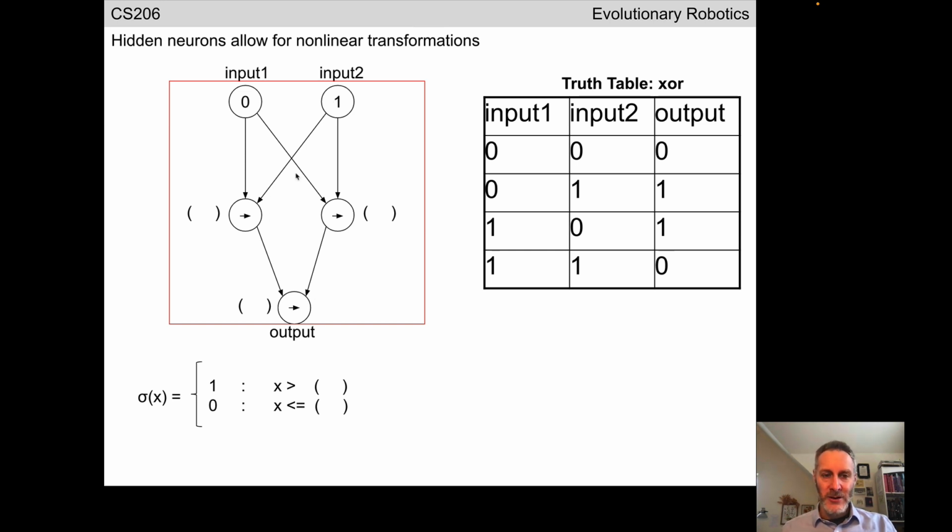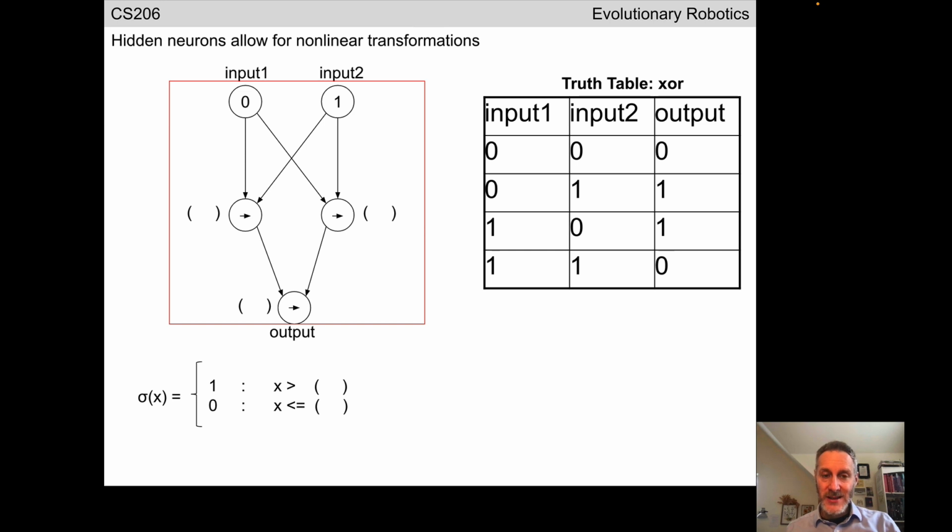We have our input neurons up here, our output neurons down here. The neurons in the middle here are known as hidden neurons. They're known as hidden neurons because they're kind of hidden from the outside world. They only indirectly have an influence on the outside world. They're not directly receiving input from the outside world, and they're not directly supplying output to the external world. They're hidden or buffered from the outside world in some way.